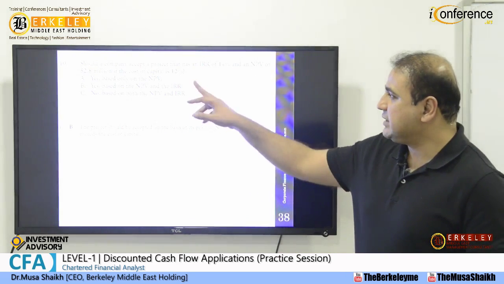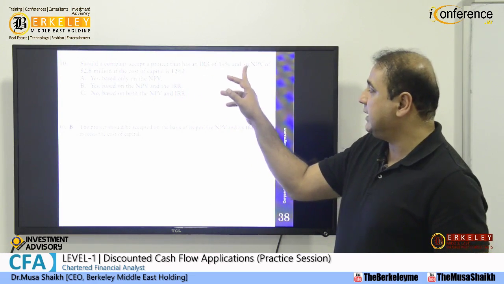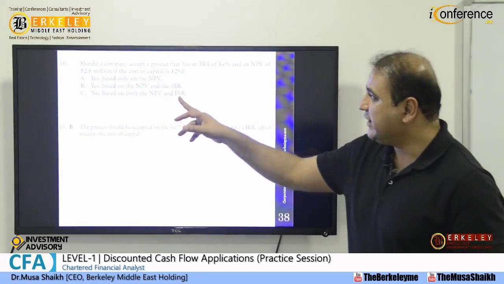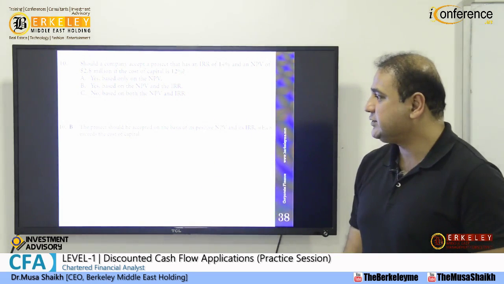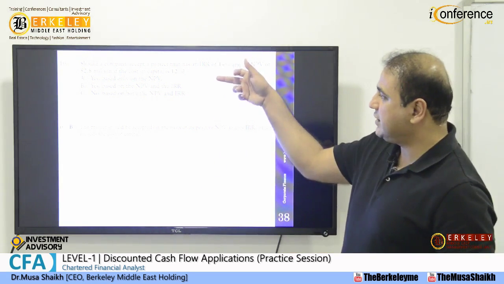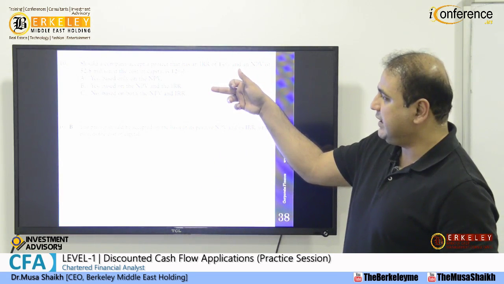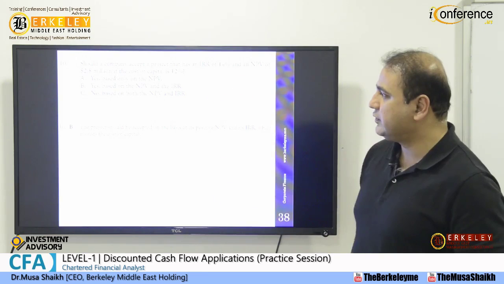Should a company accept a project that has an IRR of 14% and an NPV of 2.8 million if the cost of capital is 12%? So what should we do? The options are: yes based only on NPV, yes based on NPV and IRR, and no based on both.